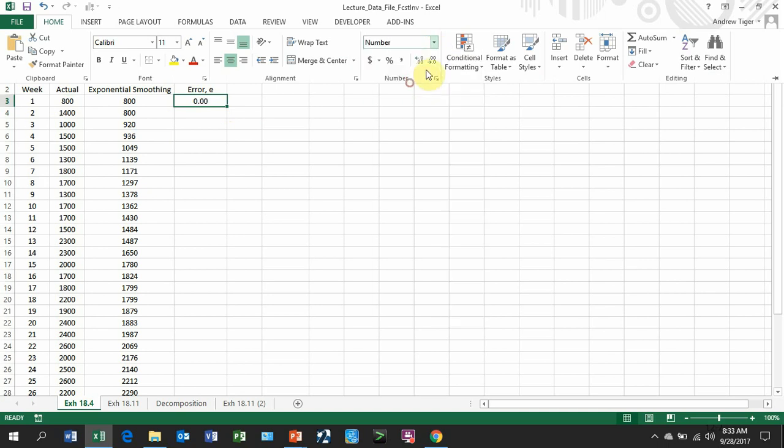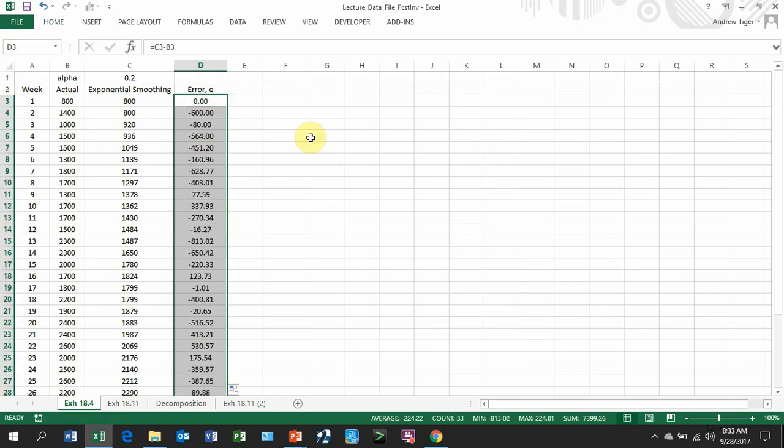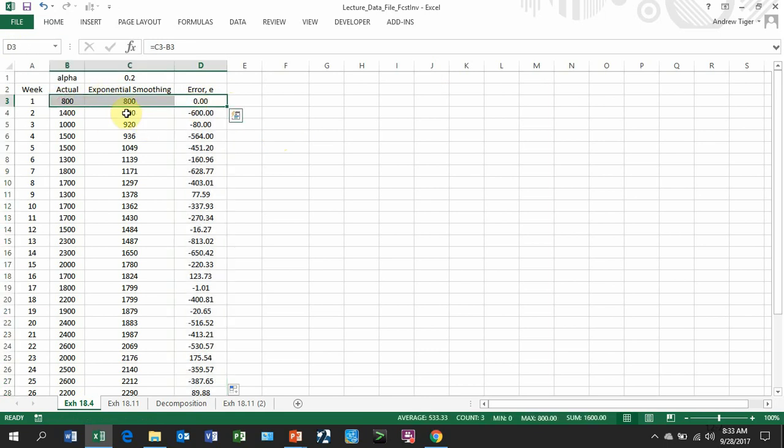Let's just show it as a number. So you see sometimes we're spot on, which is a little bit unfair on the first one because I'm the one that did that. But after that, this is what really happened, this is what the forecast was, so I was off 600. So that's what an error is. And sometimes it's negative, which means we're below the forecast. Sometimes we're positive, which means it's over the forecast.